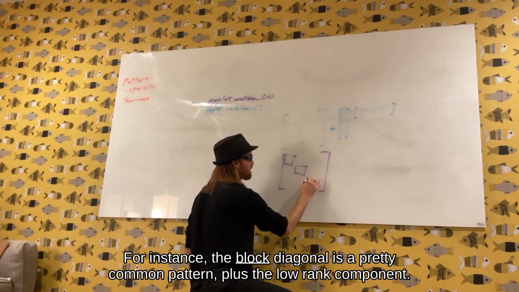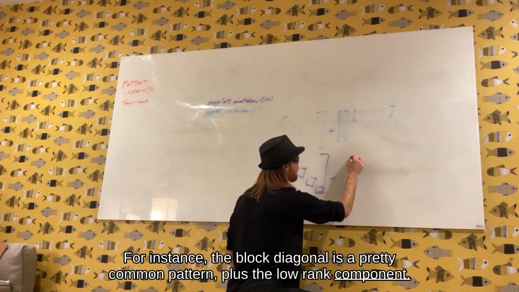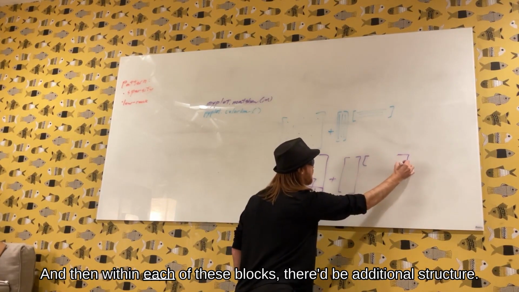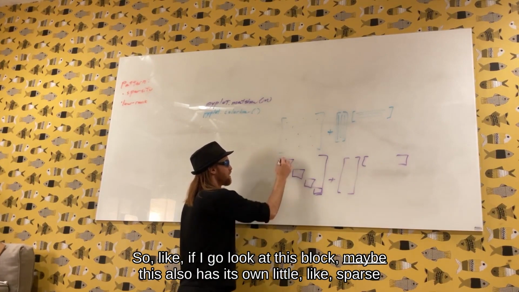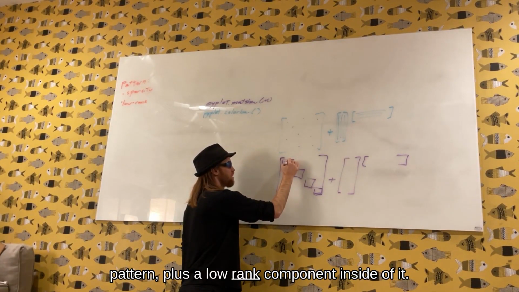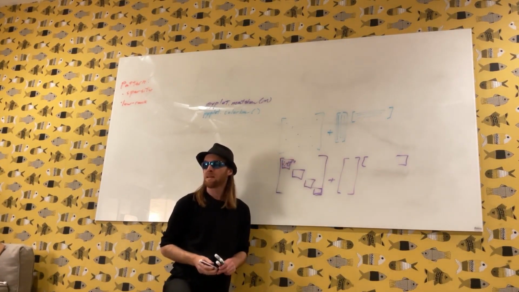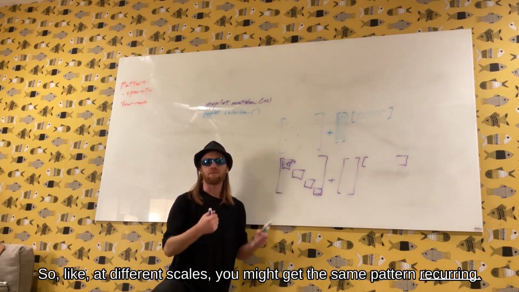Block diagonal is a pretty common pattern, plus a low rank component. Then within each of these blocks there'd be additional structure: maybe each block has its own sparse pattern plus a low rank component inside of it. So at different scales, you might get the same pattern recurring.